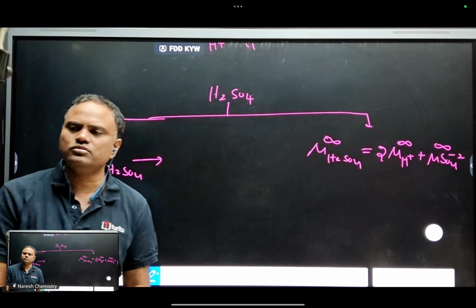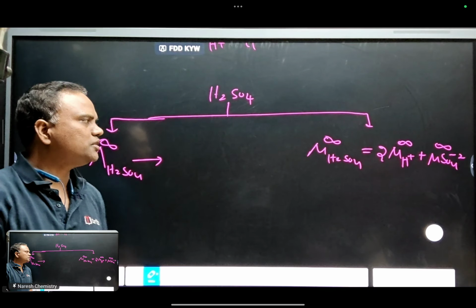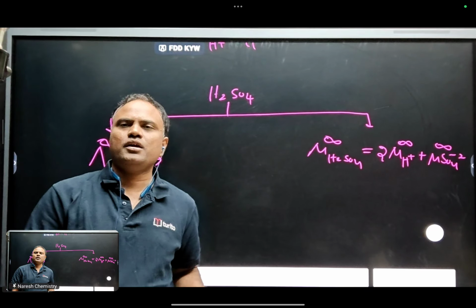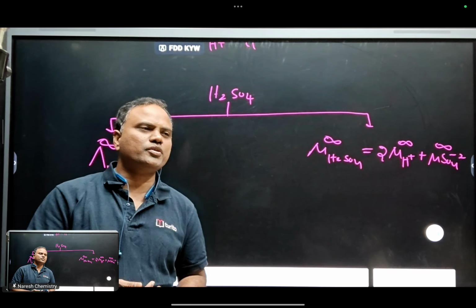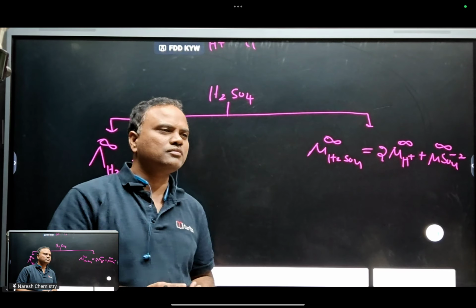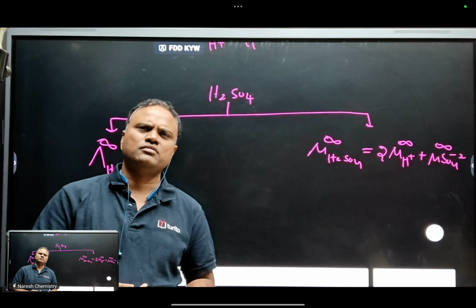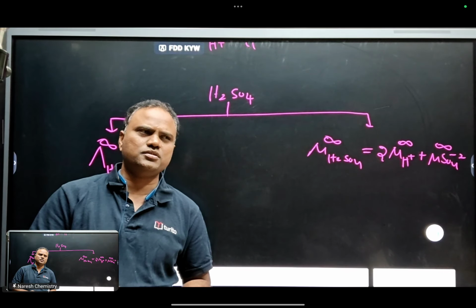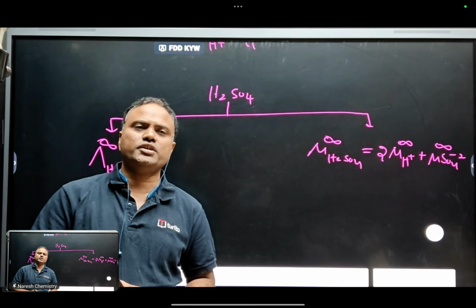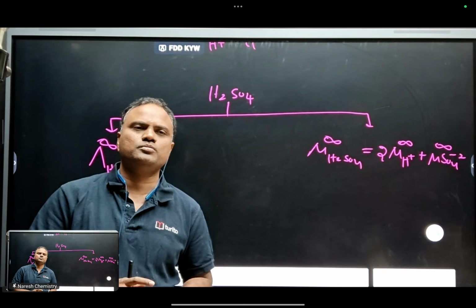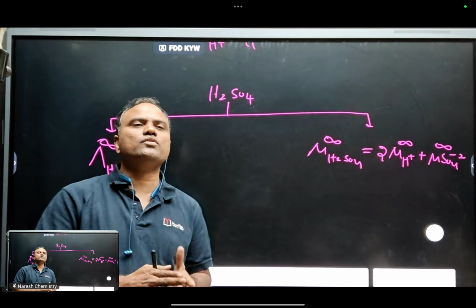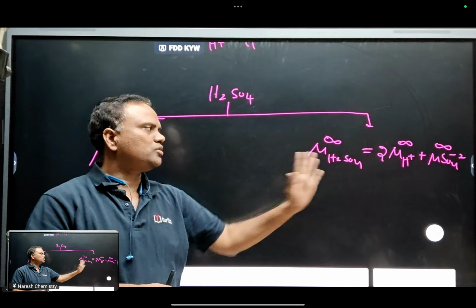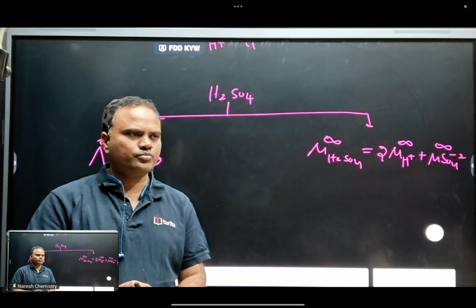Correct? Why are we writing 2 there? H2SO4 dissociates into 2H plus and SO4 minus 2. That's why we are writing 2.